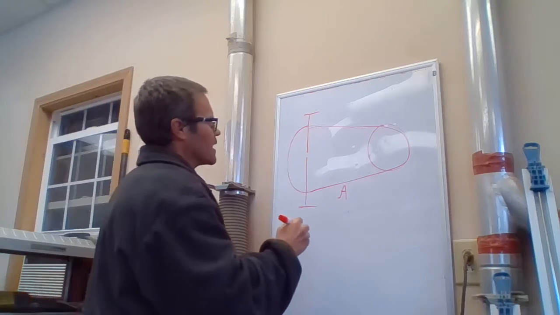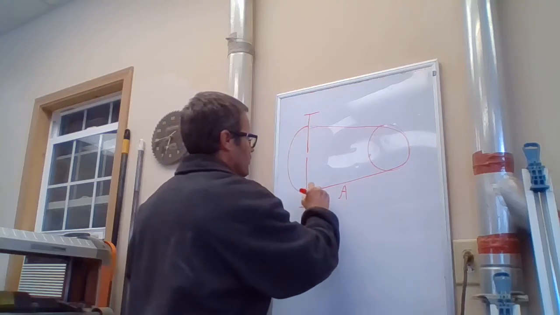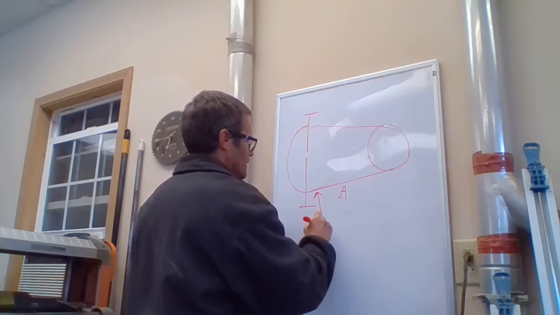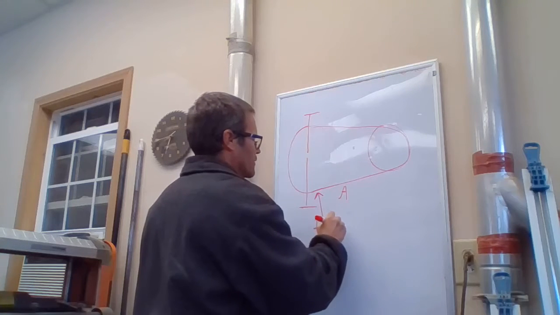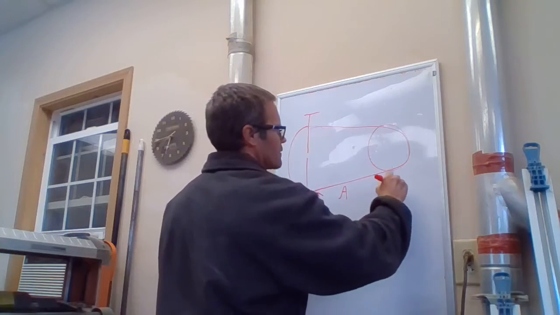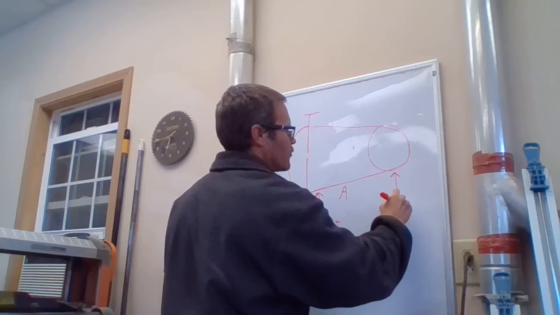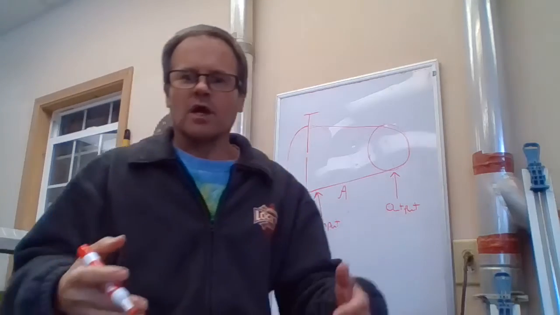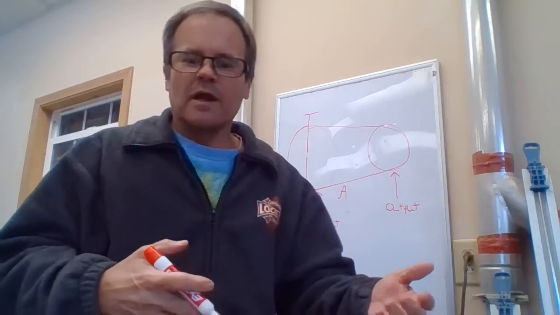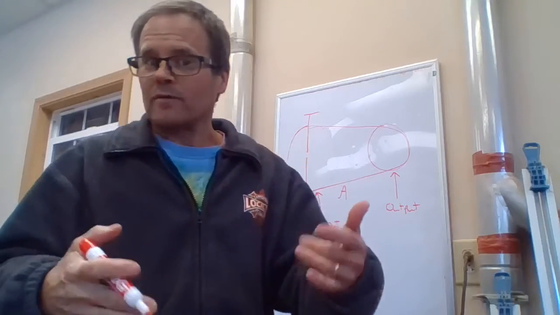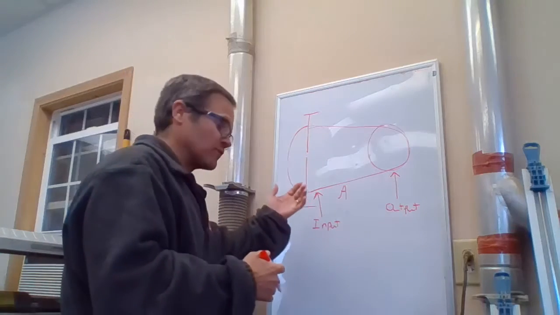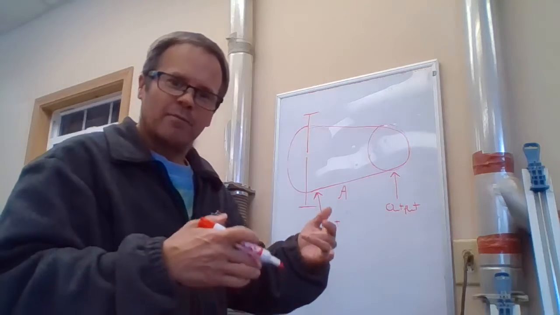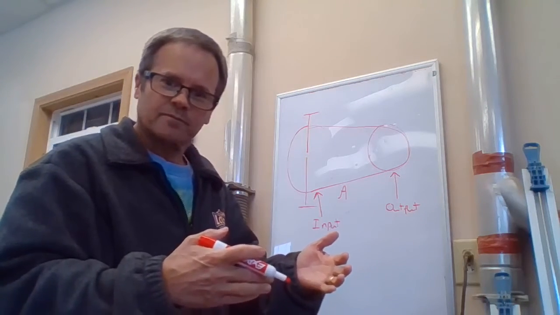Label with an arrow the input gear and label the output gear on both of them. I did A for you. You go ahead and do B. So remember, the input gear is the one with the pedals. Go ahead and do that. Pause your video real quick.